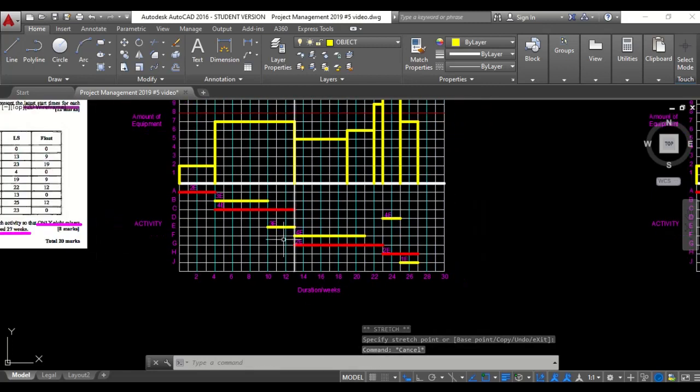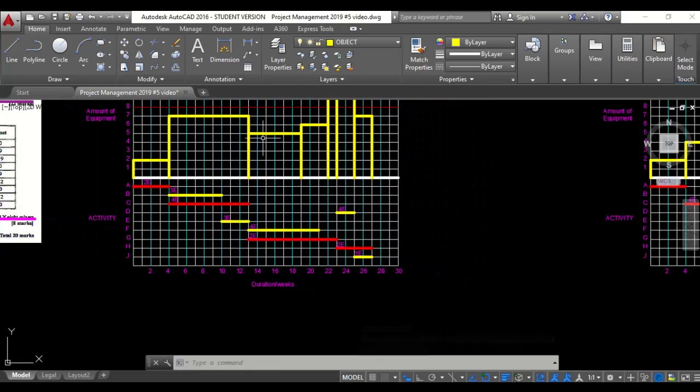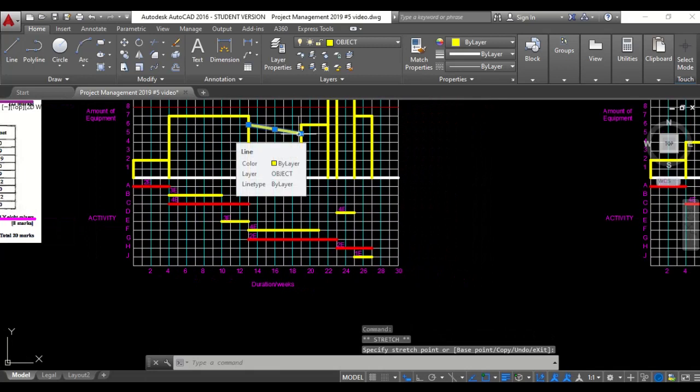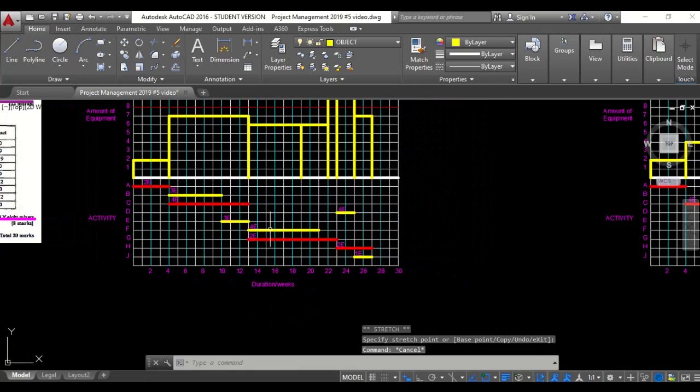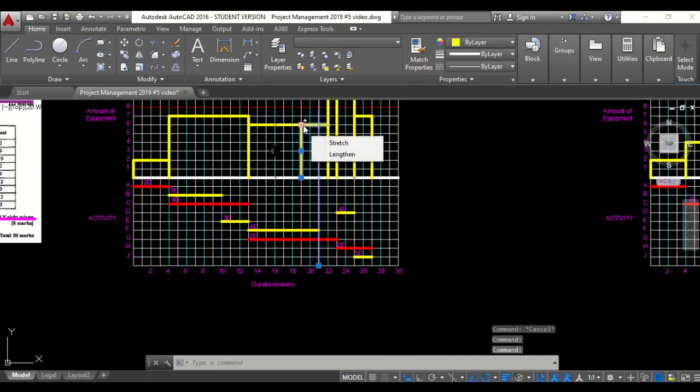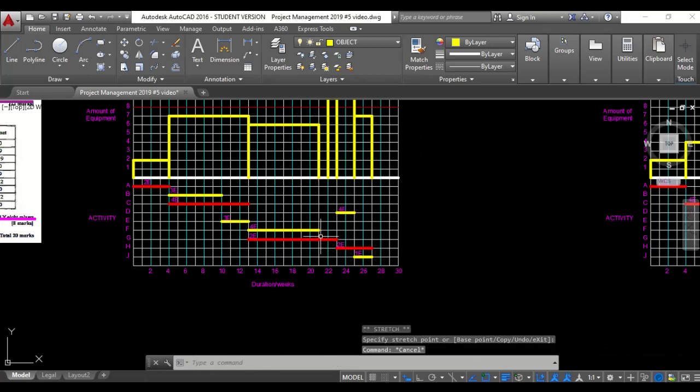Then I have here being 6. So I'll just move this up to 6. And 6 continues all the way over to here. So here's where 6 ends.